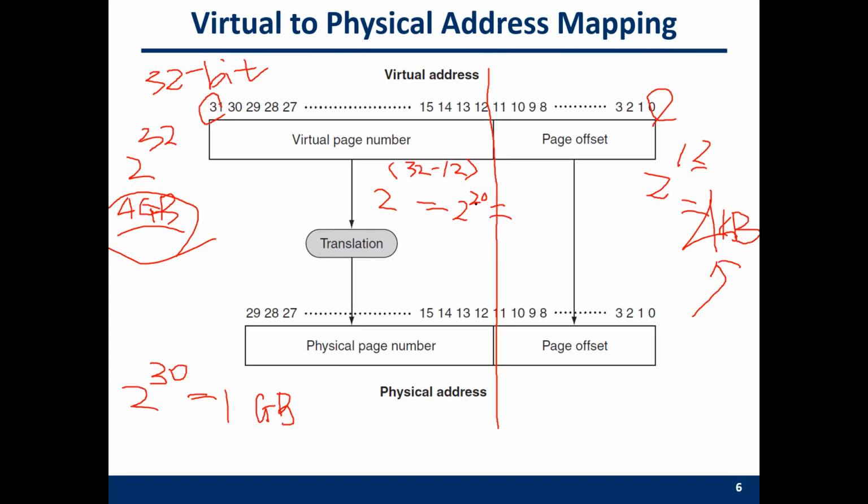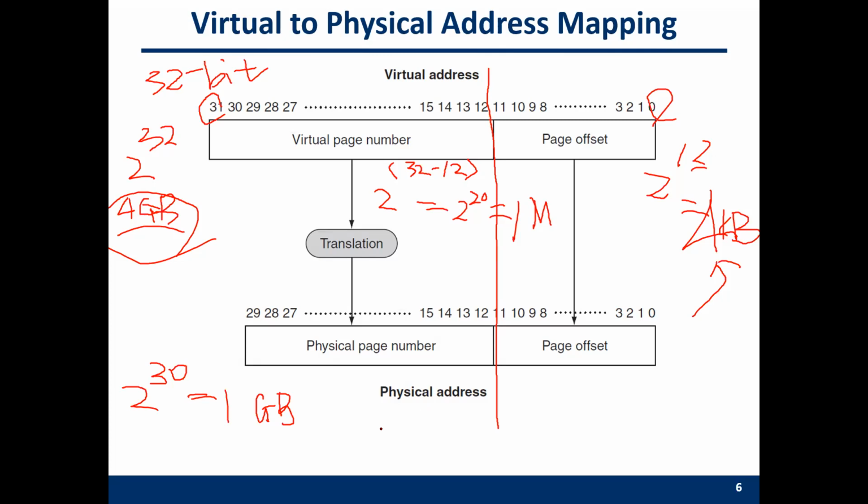For the 20, the 1 indicates K, the 2 indicates M, and the 0 is just 1, so it's 1 M. You have 1 million virtual pages.